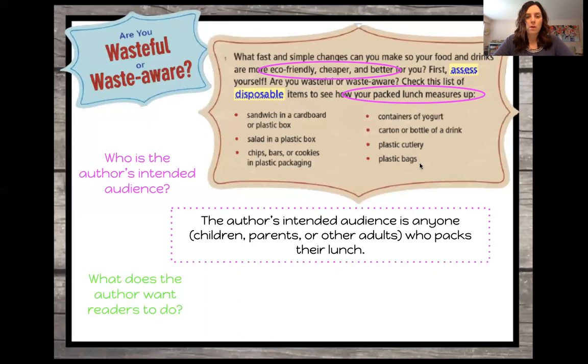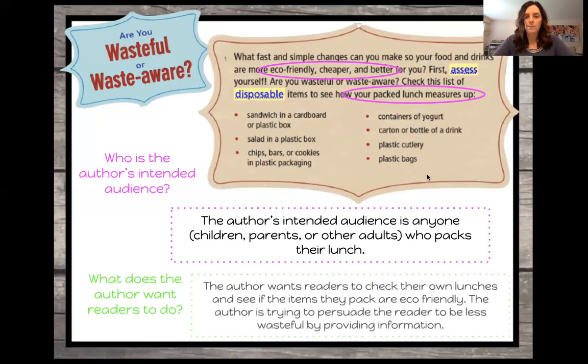And now, what does the author want the readers to do? Well, I think he wants us to check our lunches to see if they're eco-friendly when we pack them. And he is trying to persuade us to be less wasteful by providing information. So he says that we should assess ourselves and check to see if we're using disposable items, and then gives us a list of the disposable items.